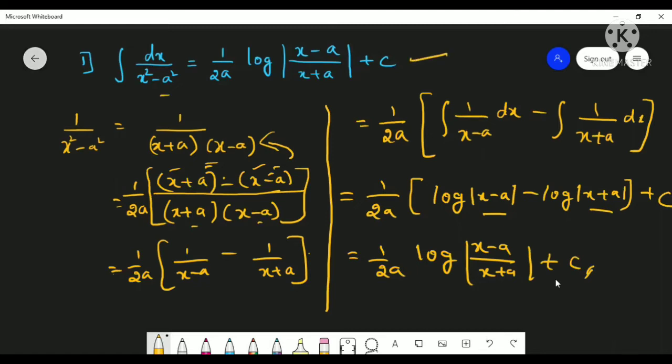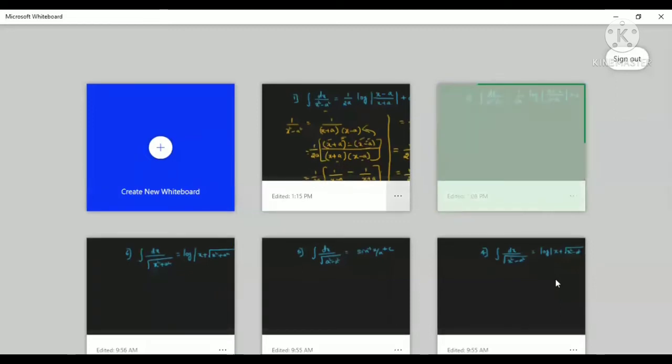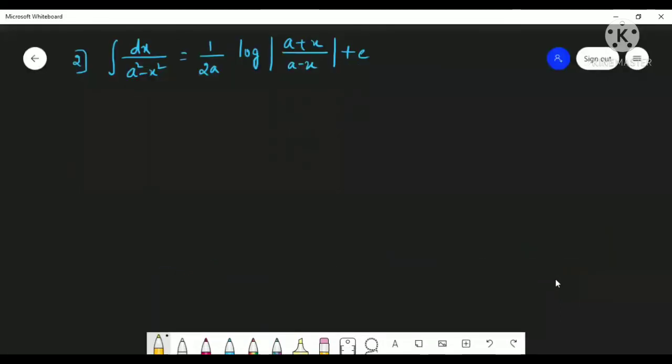Now let me move on to the second one. Same as what I arranged in the last problem, you have to arrange the same thing. You have to take the LHS here, that is 1 by a square minus x square. In the denominator, same, a square minus b square, so I will write it as a plus x into a minus x.